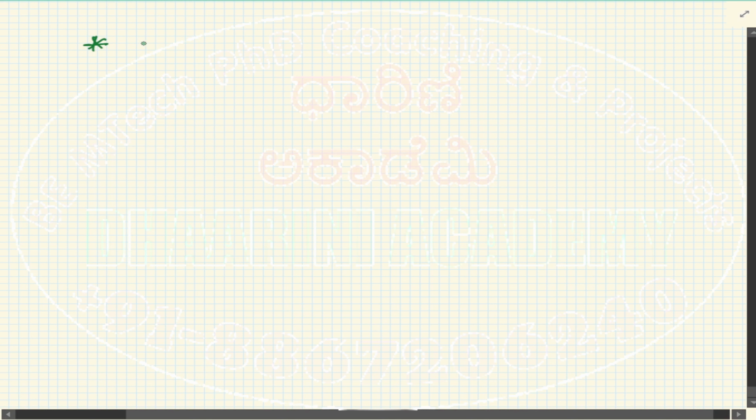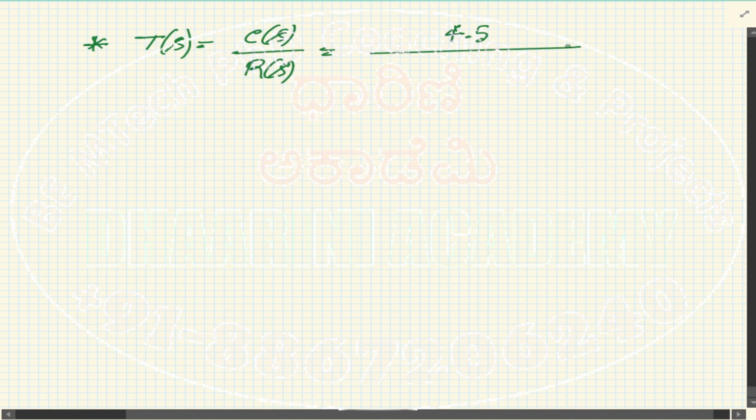So let's say this is the transfer function, C of S by R of S, equal to 4.5 divided by S plus 2.5 into S plus 1.5.